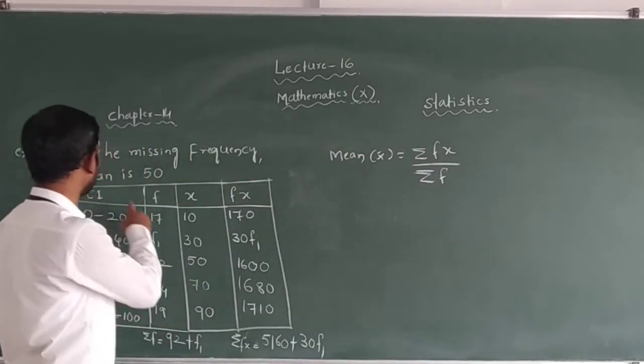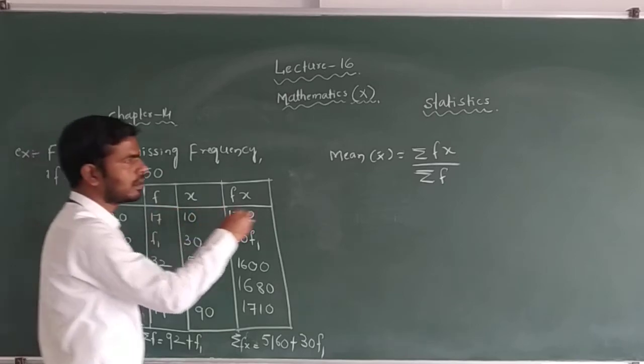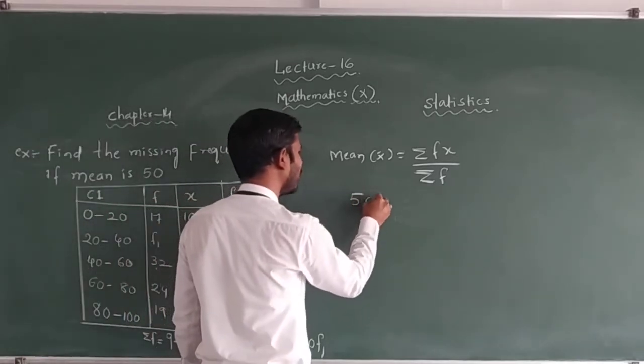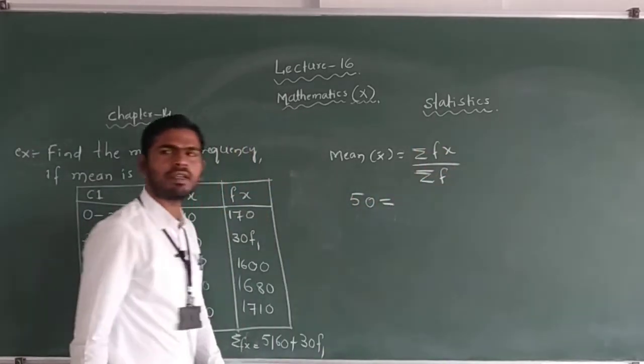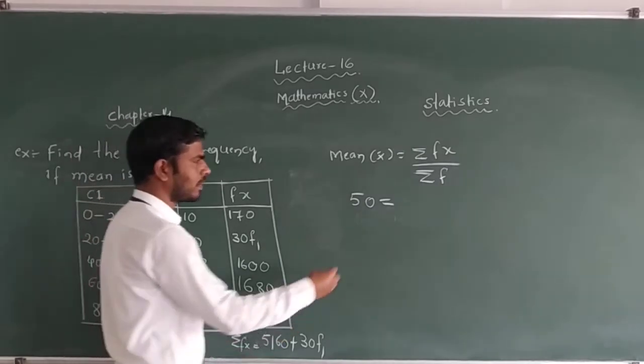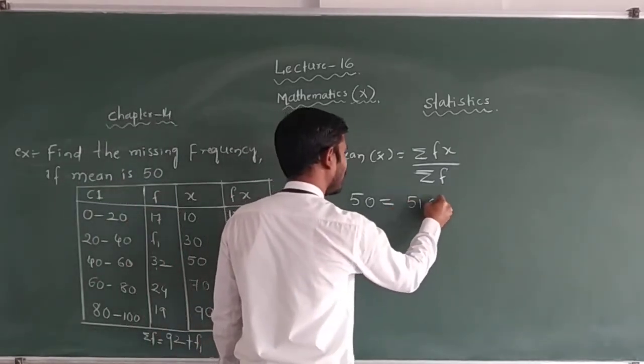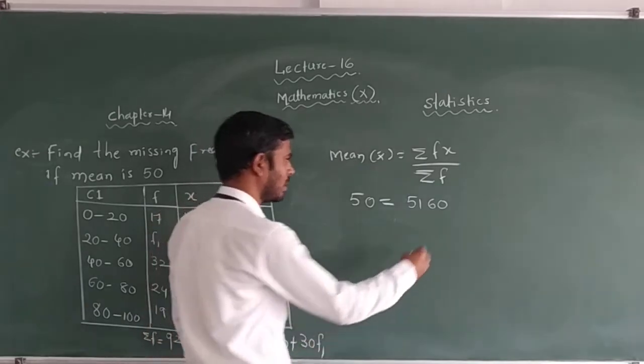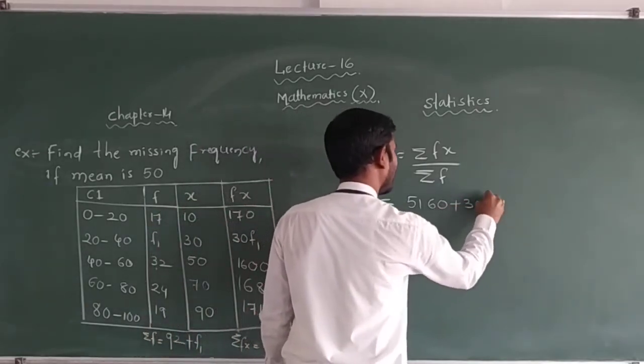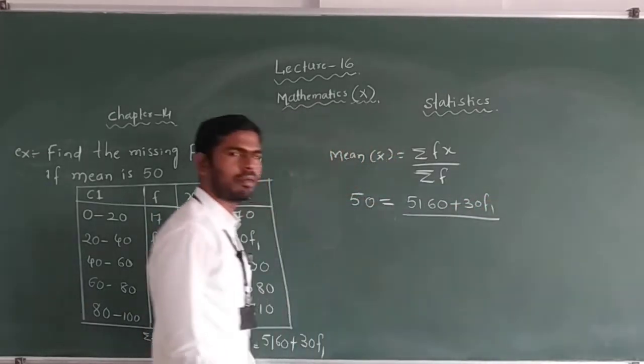The mean is given as 50, so 50 equals 5160 plus 30 F1 divided by sigma f.